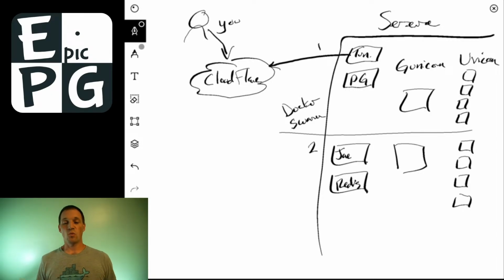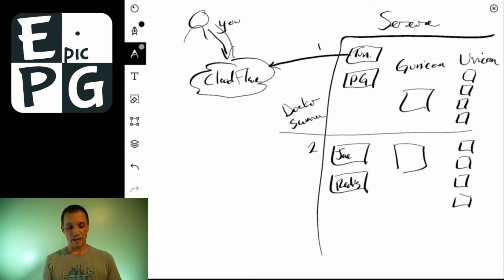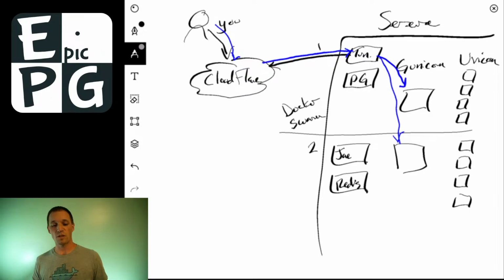So whenever you are just hitting the web page, if you're logging in, if you're looking at an event, whatever you're doing on the web page itself, you're definitely coming through Cloudflare, coming through the tunnel, and you're going to hit one of these two containers running Gunicorn.